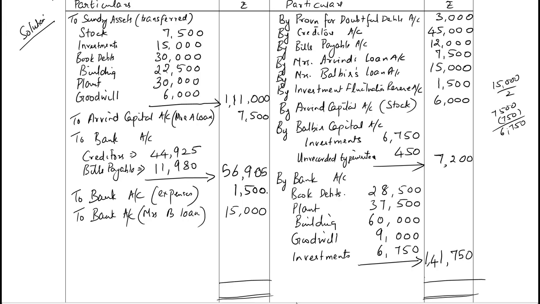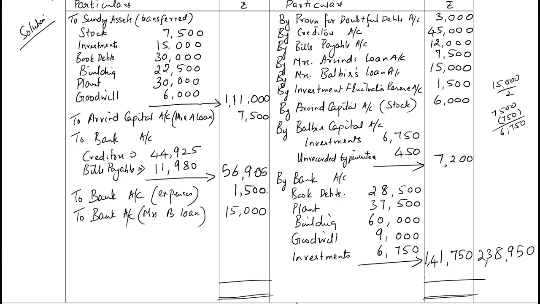We'll total up the credit side first. The total of the credit side is 2,38,950 rupees.